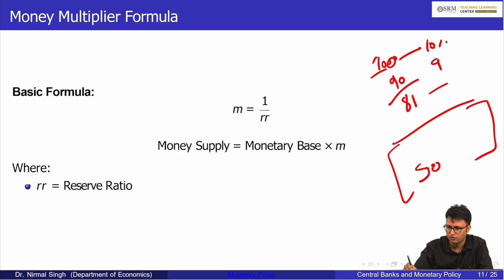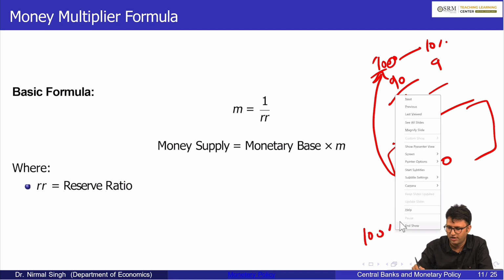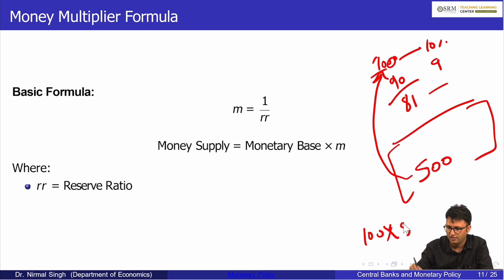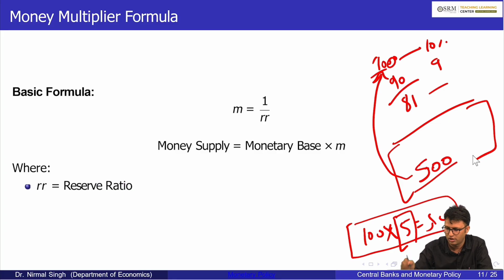Let's assume that the total goes to 500, then what is the multiplier? How much multiple is 500 of 100? So 100 into 5 is equal to 500. So this is the multiplier. Multiplier is 5 in this case, if we assume that the total money created is 500.